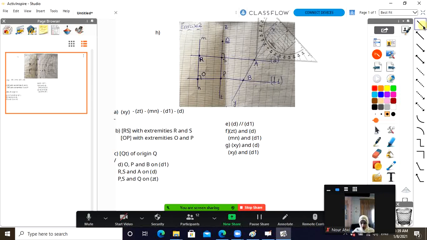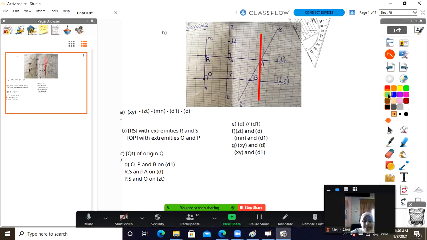Sorry for making time. And I will draw the perpendicular that is passing through A, and I will put the sign of perpendicular at A. Don't forget it. So I have here perpendicular.